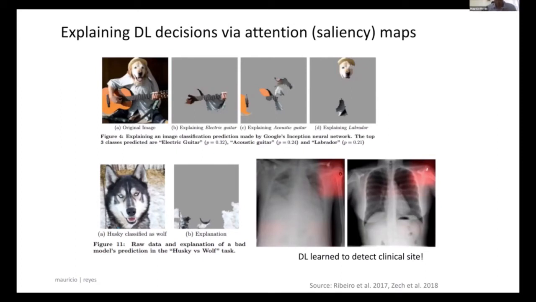The system was trained, and this bias was actually picked up by the system: if I see that marker, I can then classify the image. So you can imagine that the only information the system was using was that, and the system was completely forgetting the rest of the image. So that raises a lot of issues.